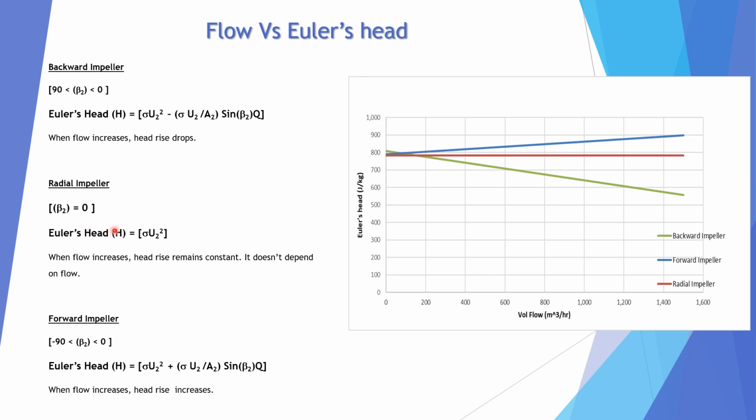In case of radial impeller, since Q is not present in the equation, that is why it remains constant. You see here, this is the radial impeller graph. In case of forward, it is increasing because when Q is increasing, this term is also increasing. So H is increasing. You can see here, H is also increasing.